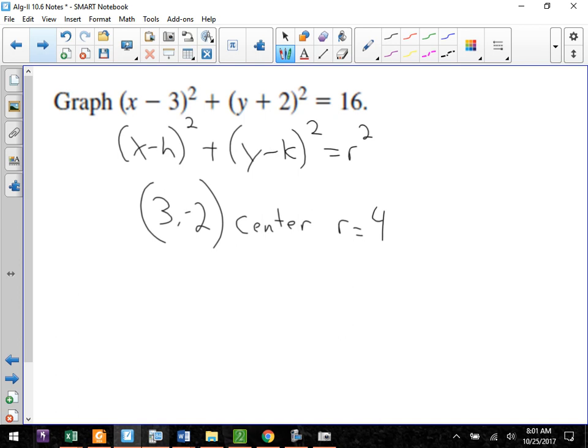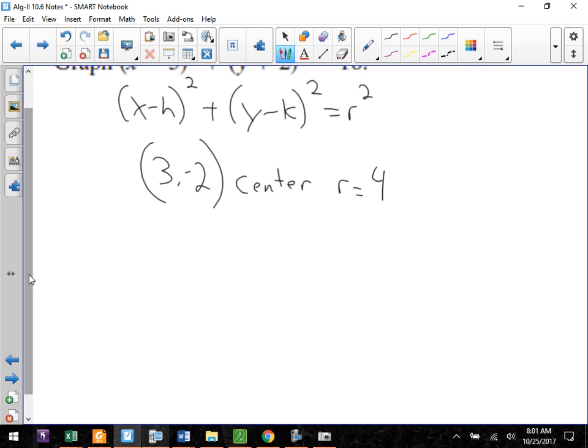Exactly. In order to graph this, all we do is go to our center, 3, -2, which is in quadrant number 4. Quadrants 1, 2, 3, 4. So there's my center.